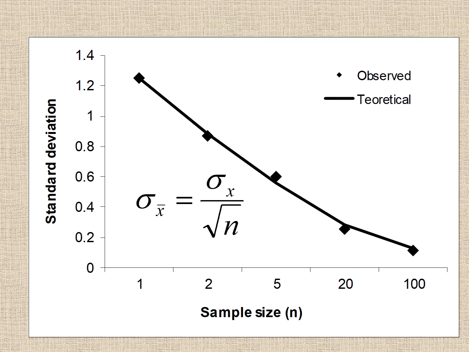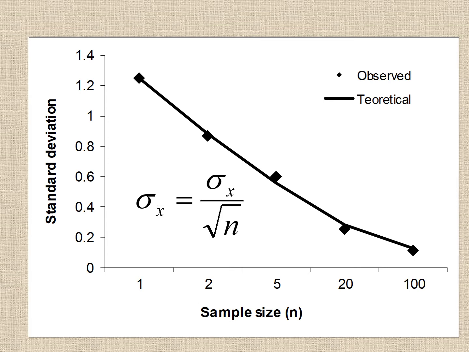So the standard error of the mean equals the standard deviation of individual values divided by the square root of the sample size. And while the standard deviation of individual values gives us how much individual values on average deviate from the mean, the standard error of the mean gives us how much sample means on average deviate from the population mean.